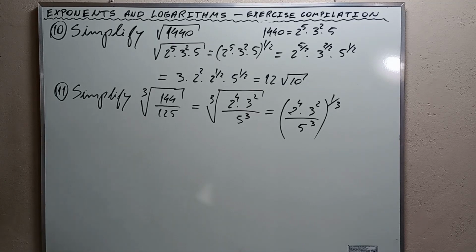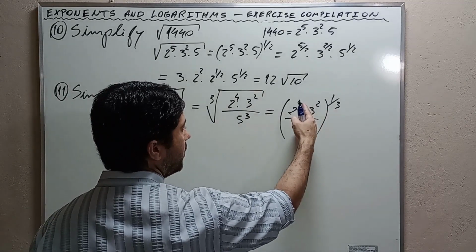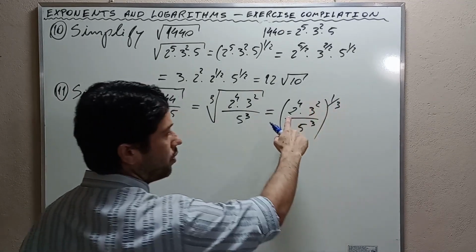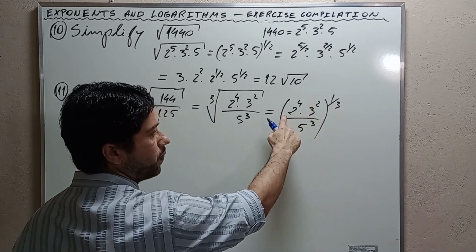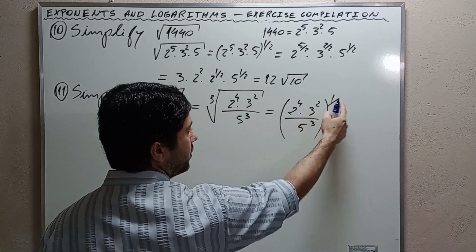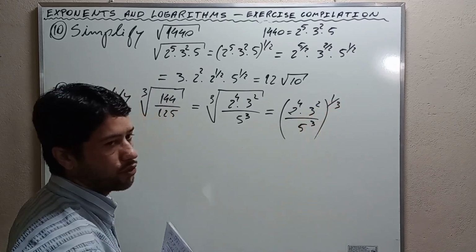And we are going to multiply this by this. It becomes 4 thirds. We are going to multiply this by this. It becomes 2 thirds.